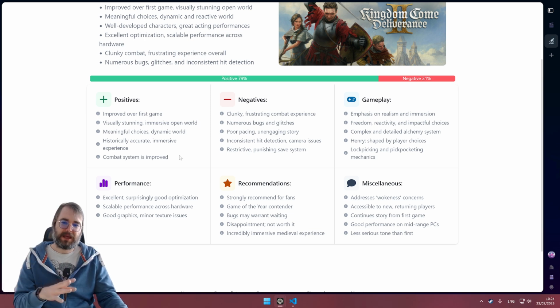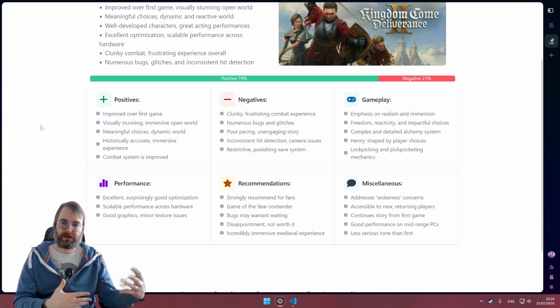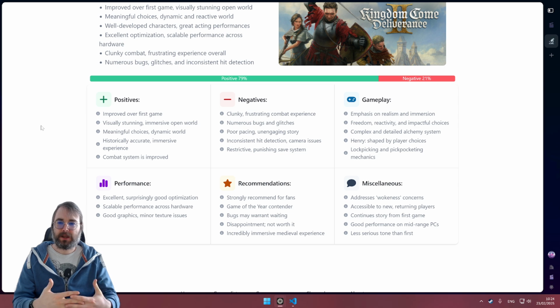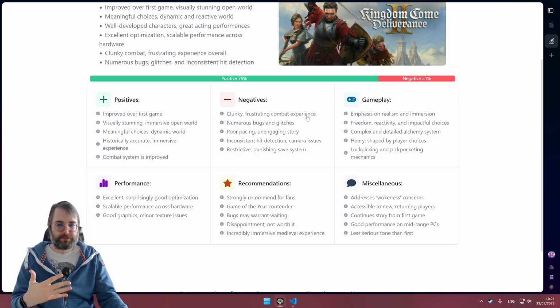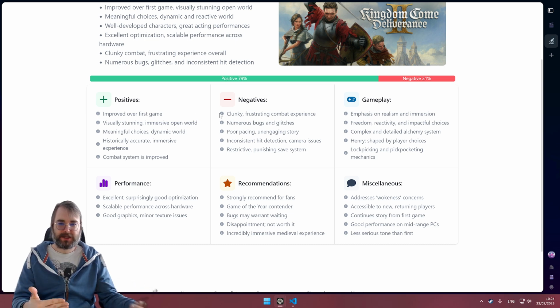And what it really meant is people were saying it's a lot better than the first one, because the first one had a really clunky combat system. The problem is there are way more people saying that the combat was still clunky and frustrating, even though they improved it, right? So you had those two very contrary points in positives and negatives that were saying essentially the same thing, but contradicting each other.